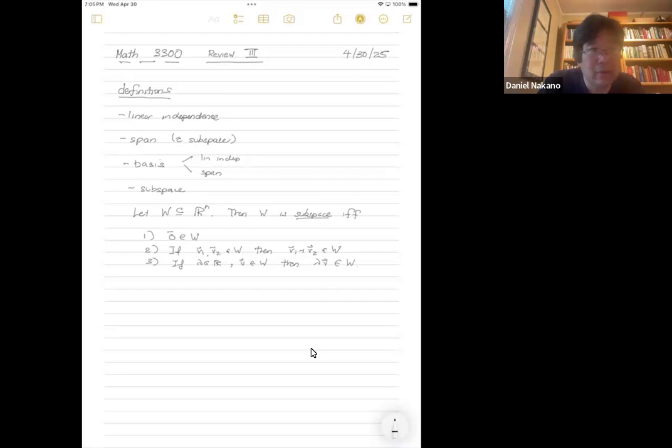Okay, that's actually good enough, but just for the sake of completeness, we just say the zero vector is also inside of W too.